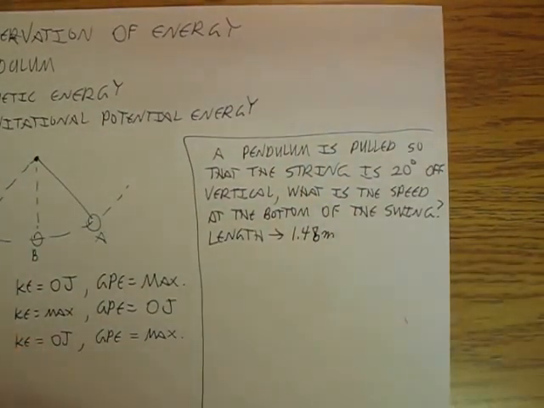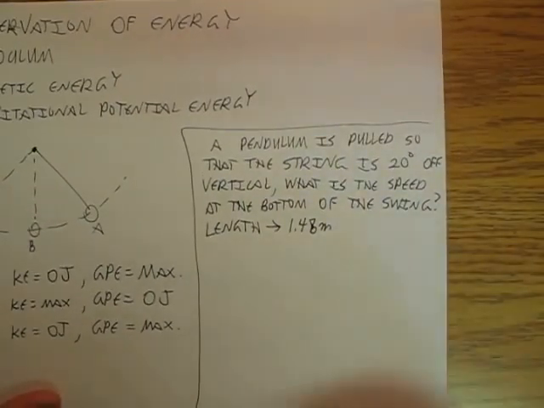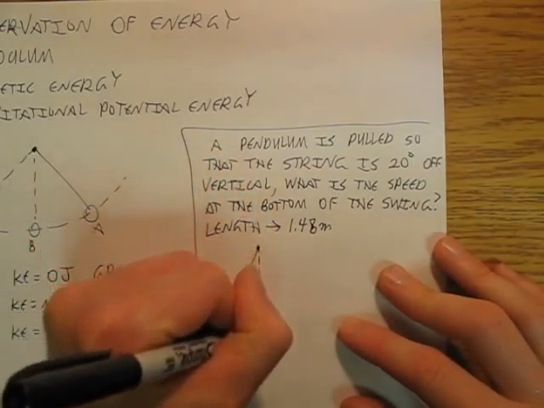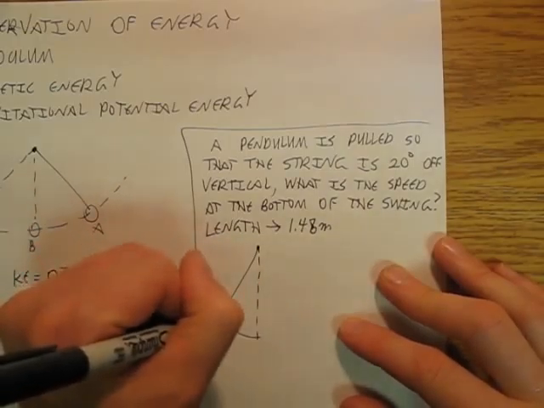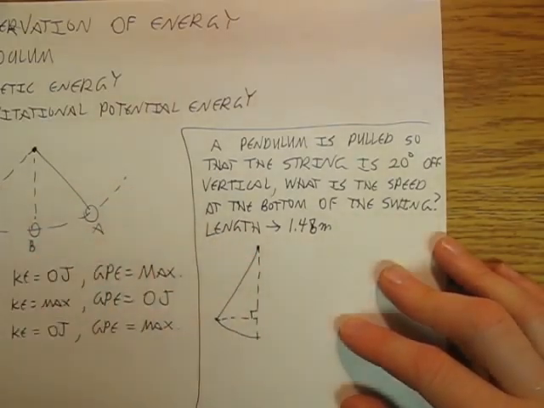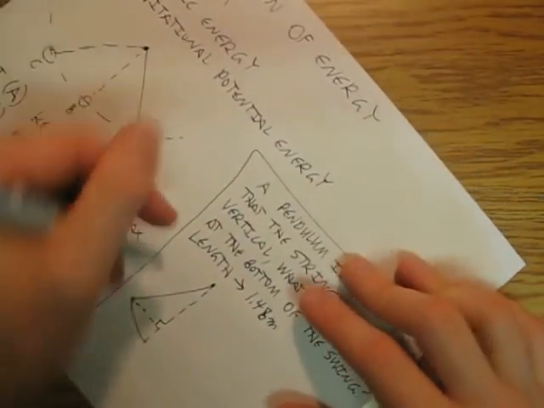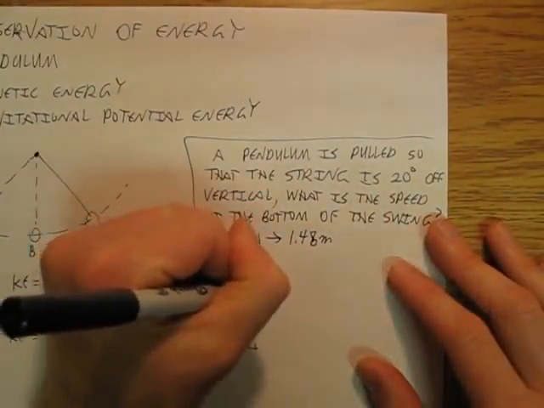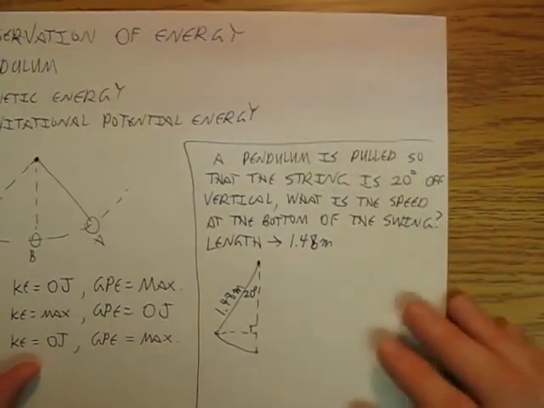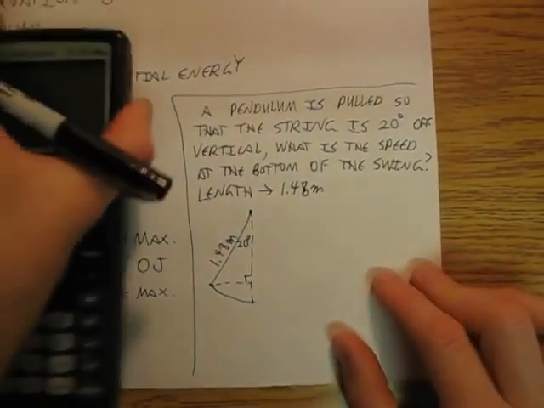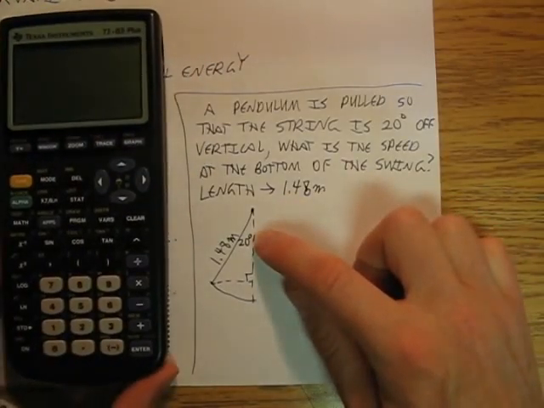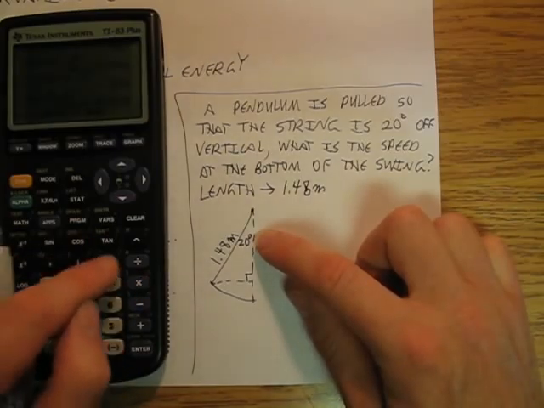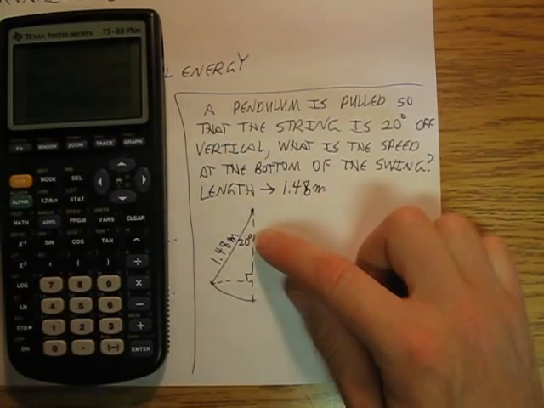Okay, so very quickly, if I've got a pendulum, and I create this arc like this, and I make a right triangle like this, and I know that this is 1.48 meters, and I know that this is 20 degrees, then if I use cosine, that's going to be 1.48 times cosine of 20 degrees. So it's going to be 1.39.